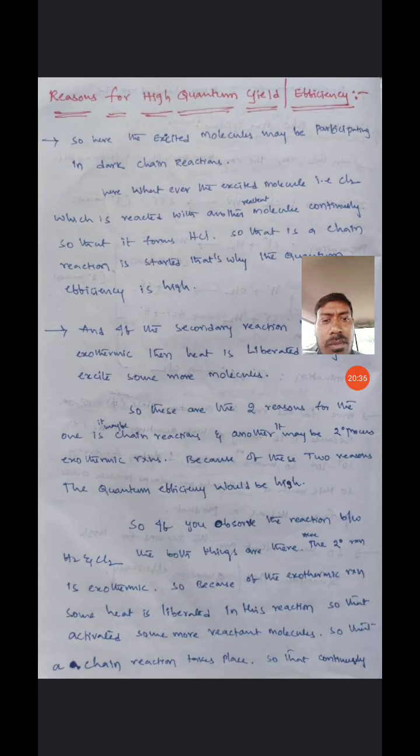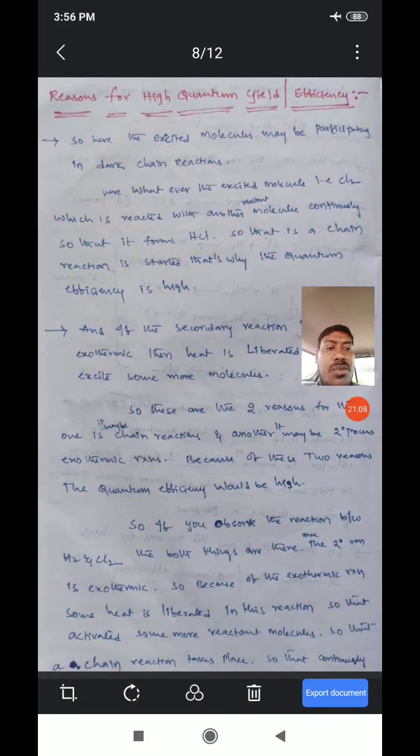Here, the excited molecules may be participating in dark chain reactions. The excited state molecule, that is chlorine, reacts with another reactant molecule continuously, so that it forms HCl as a product.